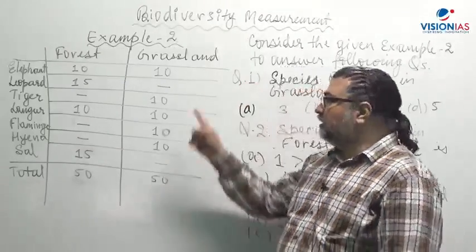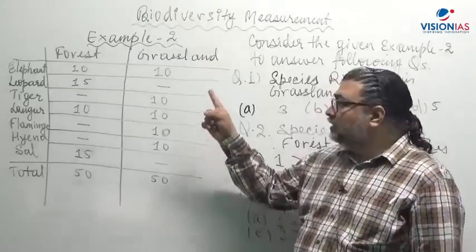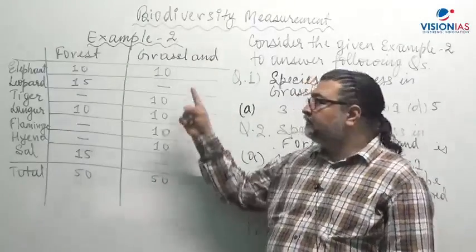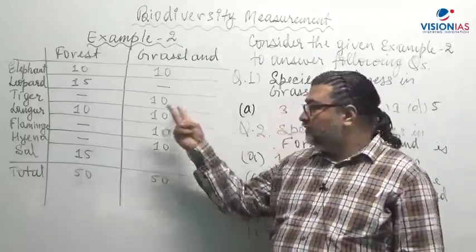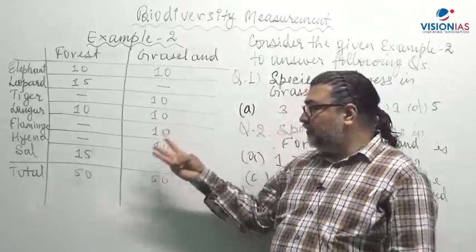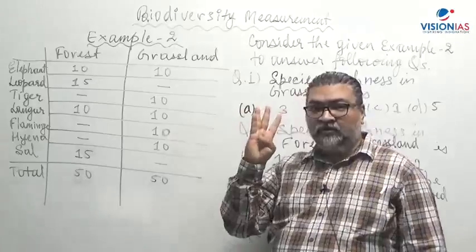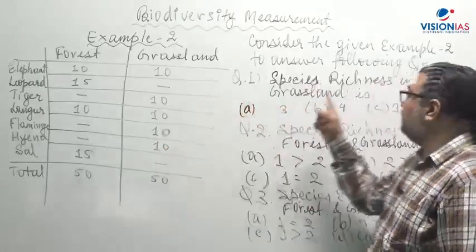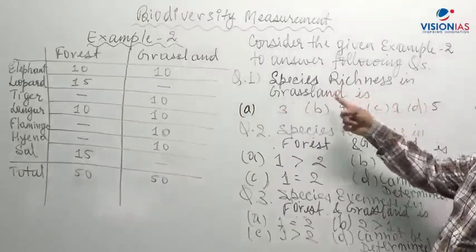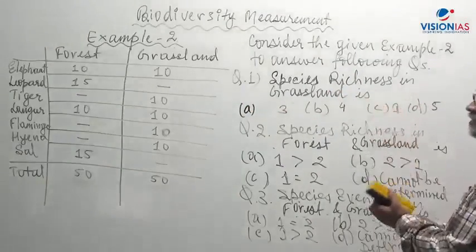All right. Now grassland. Which species are found in grassland? Elephant, then tiger, then langur, then flamingo, and then hyena: 5. So species richness in grassland ecosystem is 5. The answer is D.